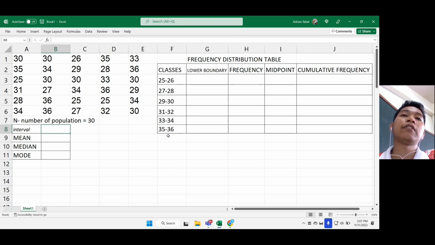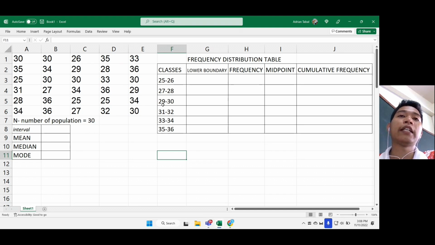So what is the interval? How do we get the interval? We will just subtract the lower limits. The lower limits are 25, 27, 29, 31, 33, and 35. The upper limits are 26, 28, 30, 32, 34, and 36. So 27 minus 25 is 2.